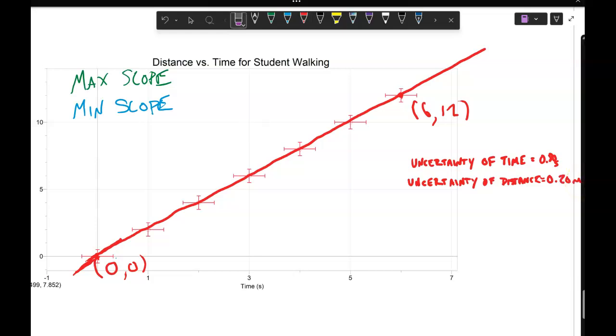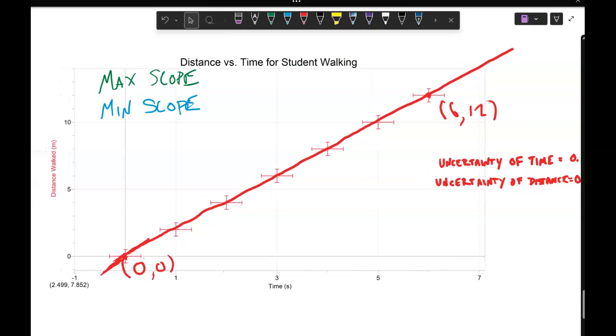Let me write that out a little bit nicer. So time is plus minus 0.80 seconds, and the uncertainty of distance is plus minus 0.20 meters. Okay, which gives us the uncertainty bars that you see plotted here.